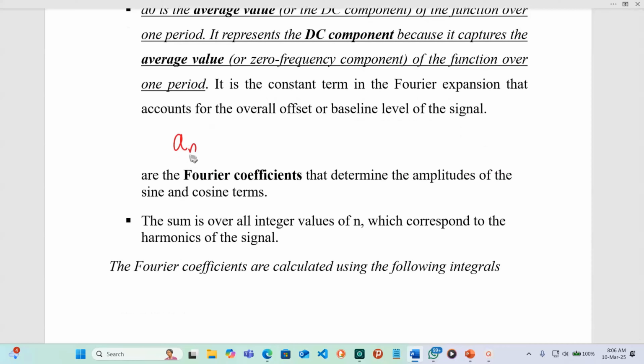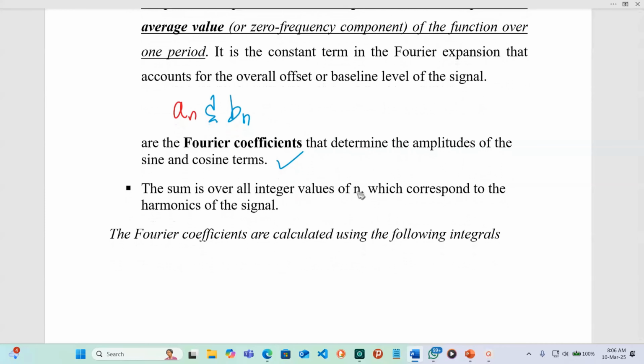Then we have also talked about a sub n and b sub n. These are Fourier coefficients that determine the amplitudes of the sine and cosine terms. The sum is over all integer values of n, which correspond to the harmonics of the signal.